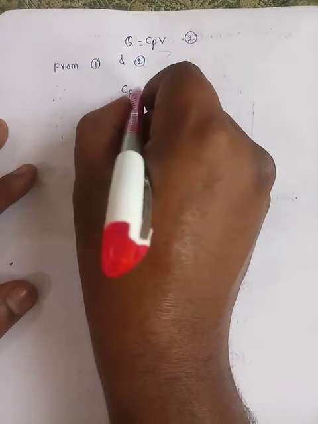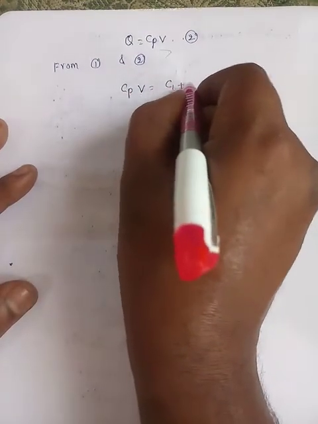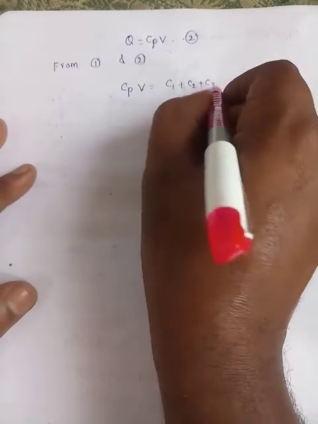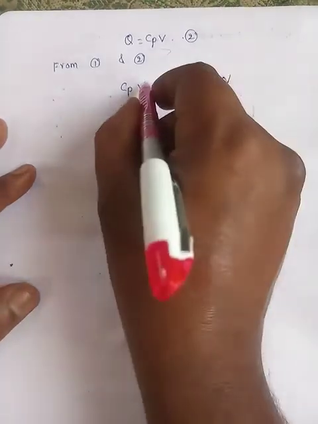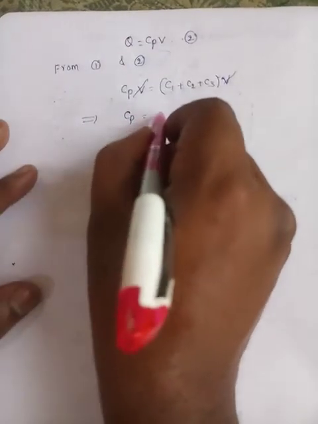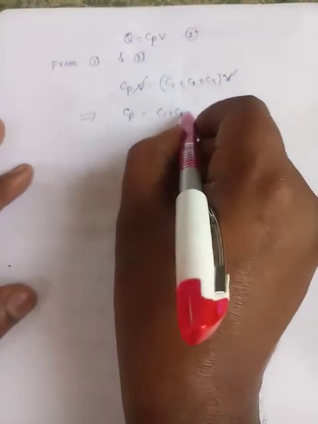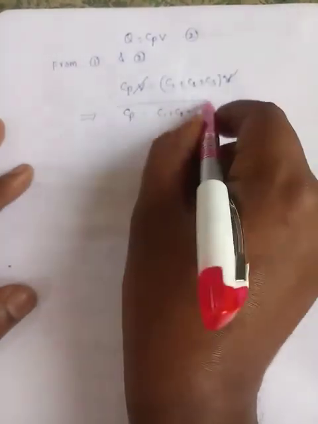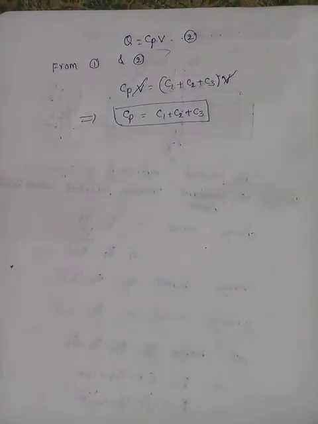From this we can say that CpV is equal to (C1 plus C2 plus C3) into V. V cancels. That implies Cp is equal to C1 plus C2 plus C3. So in parallel combination, the effective capacitance is the sum of all the capacitances.